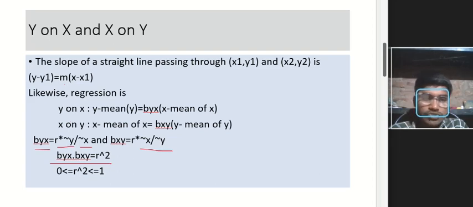So how can we obtain r? The product of byx and bxy will be the square of the value of r.